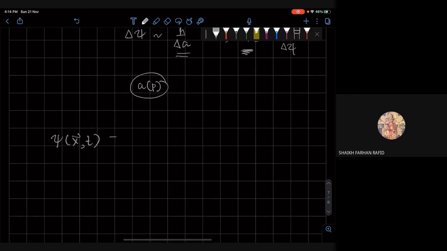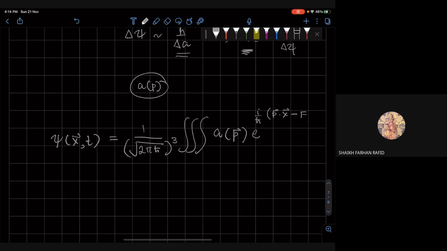psi(x, t) is going to have (1 over square root of 2 pi h bar) cubed, integral of A, which is a function of the 3-momentum p, e to the power i over h bar (p dot x minus E(p) t) d cubed p.